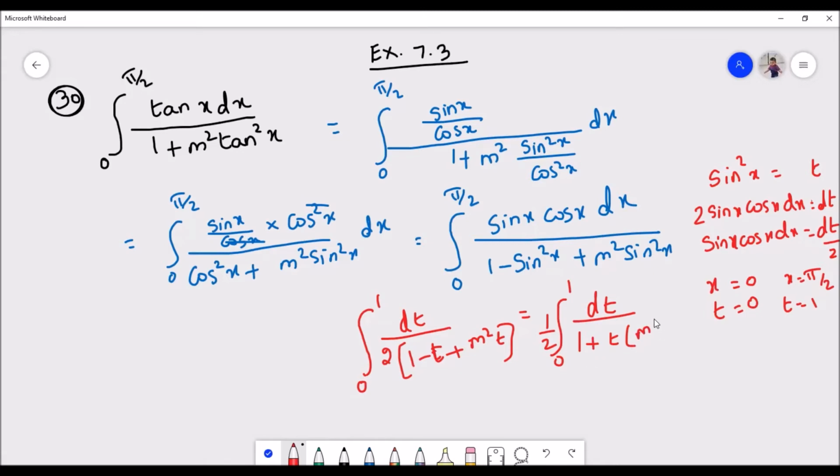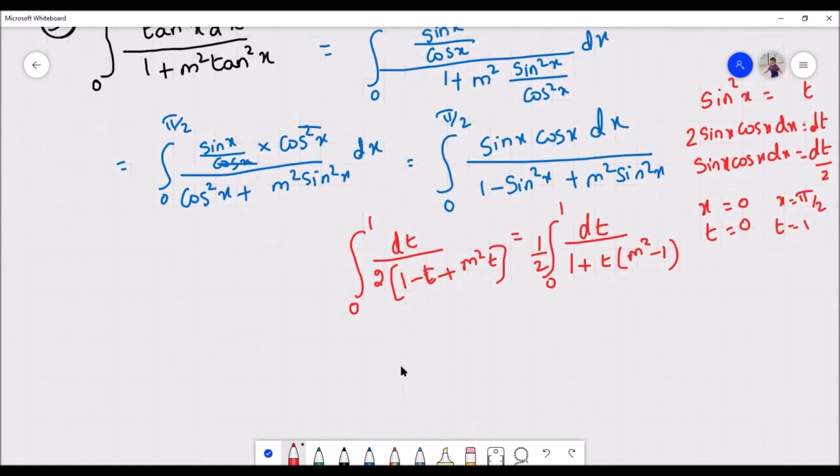If I take plus t outside, we will get m square minus 1, which is nothing but some constant. So the given integral is in the form of dt by 1 plus at. Whatever it is, it is the dt by t formula, which gives log integration. Other things are all constant. So integration of dx by x is nothing but log mod x.